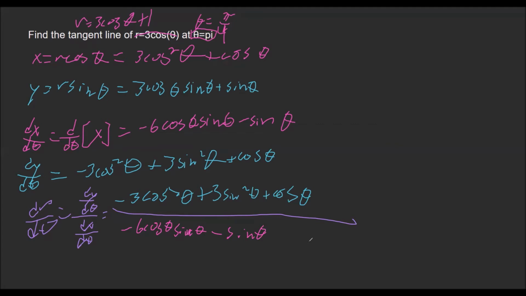Okay, and so now we have our dr d theta, and we're going to need to find the value when theta is equal to pi over 4, because that's the point at which we're trying to find the slope.